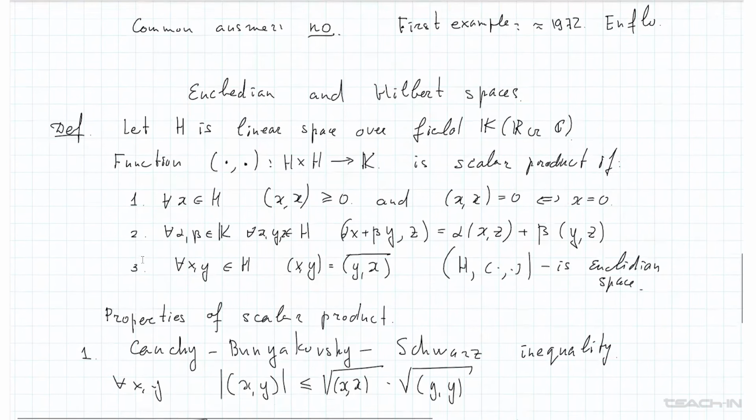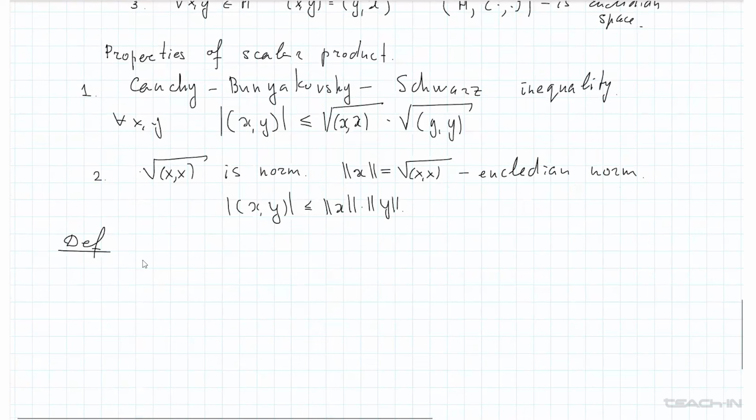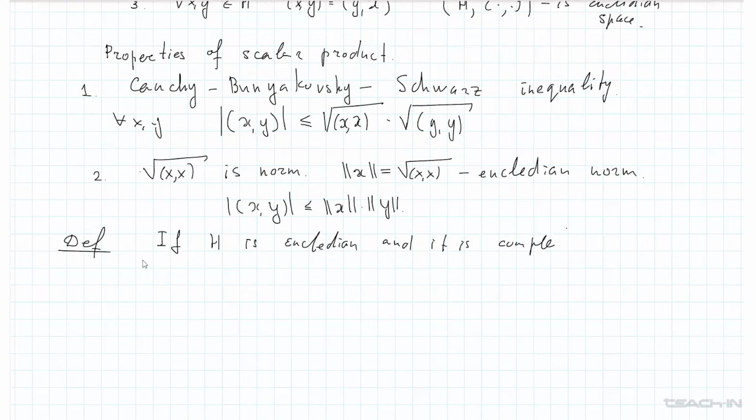And if H is Euclidean and complete with the Euclidean norm, then H is a Hilbert space.